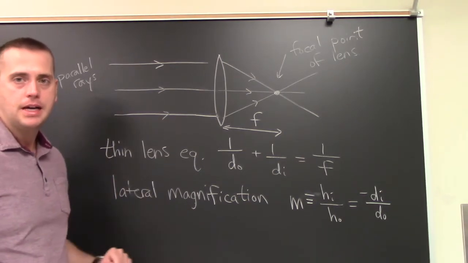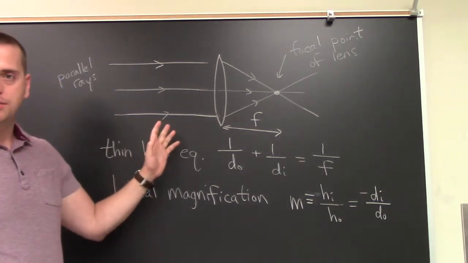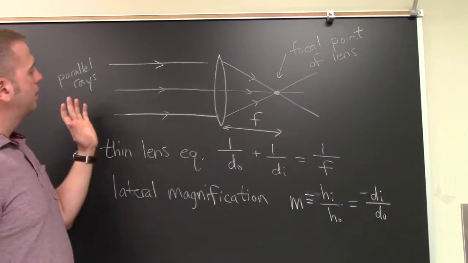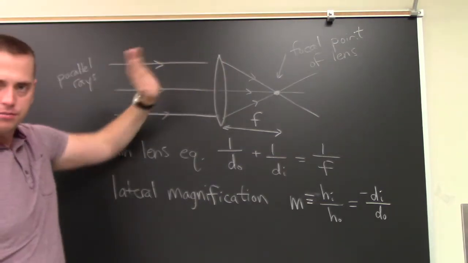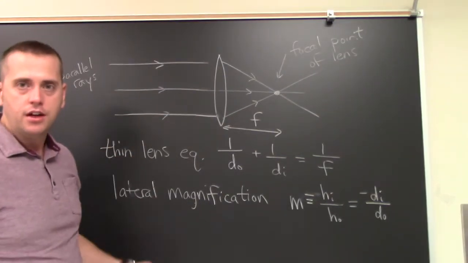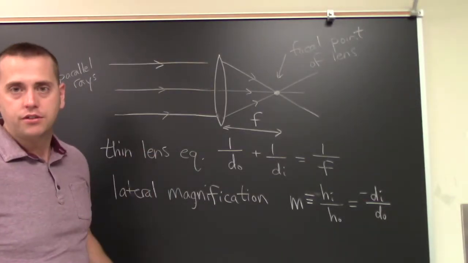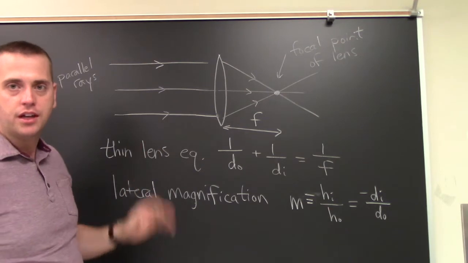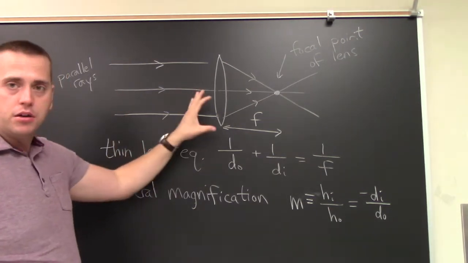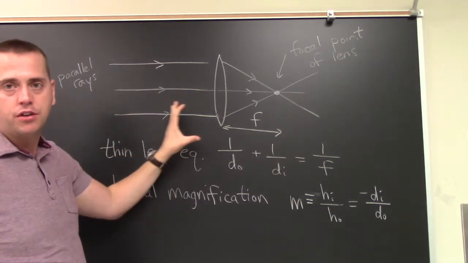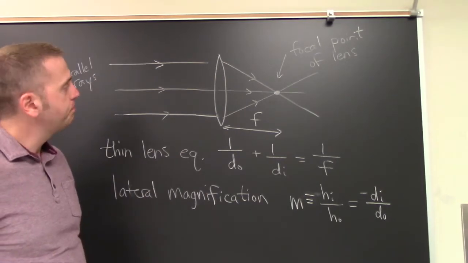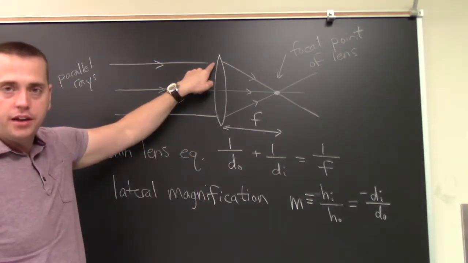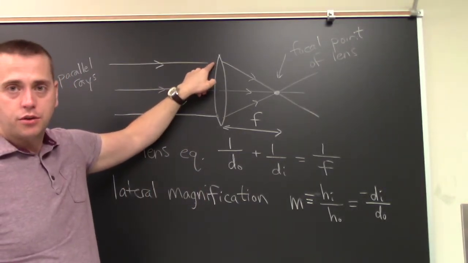What does that mean? What I want you to picture in your head is this. We have a lens, and for the purposes of what we're talking about here, let's say it's a converging lens. We have some incoming rays that are entering the lens, and they're all parallel to one another. We know that if a ray goes into the lens, it's going to be bent.